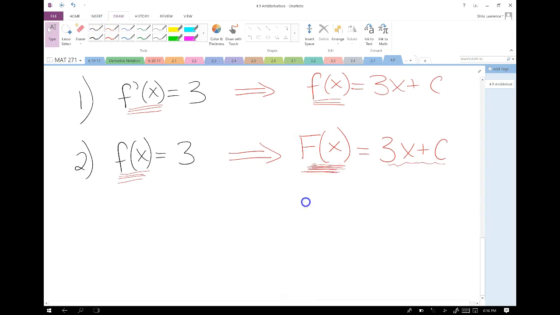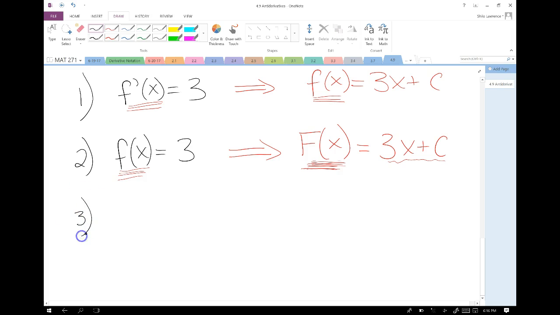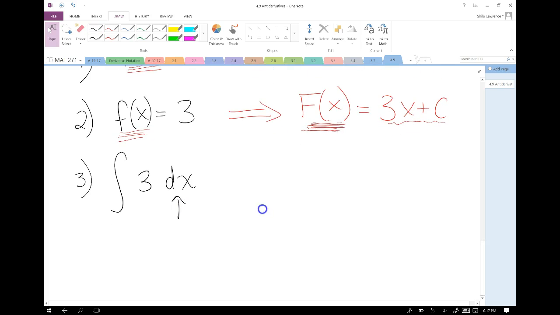What you're going to see more and more in the next few sections is a new symbol called the integral symbol, which means take the antiderivative. And the dx means with respect to x. That means use x as your variable in this problem.